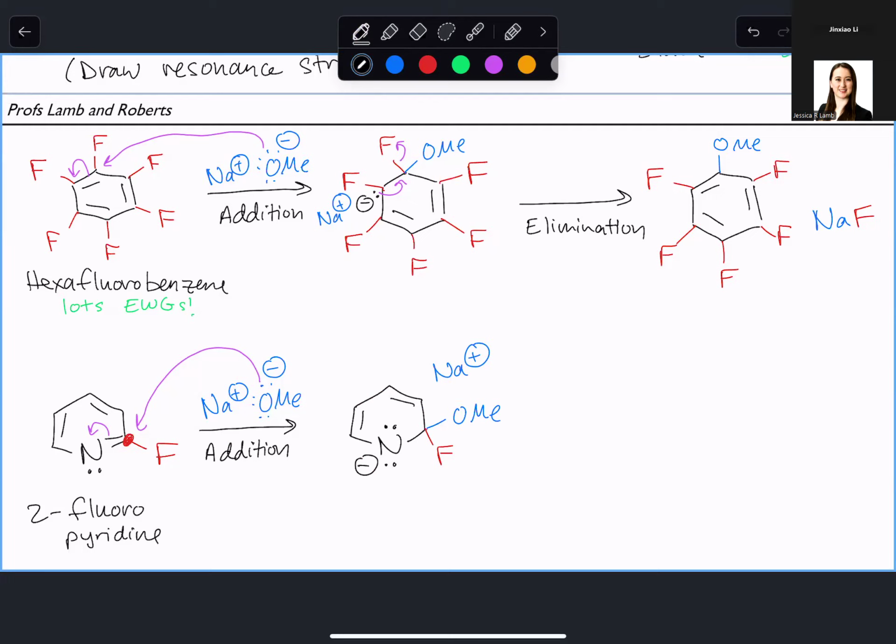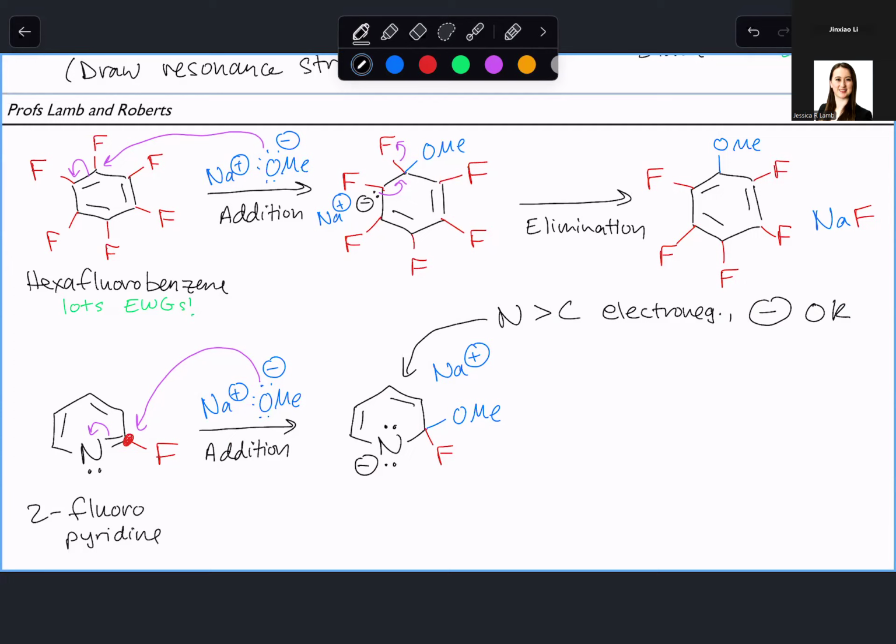That works because nitrogen is more electronegative than carbon. So that means that it's okay having the negative charge. In this case, because we're putting the negative charge on an electronegative atom, it is happier with that negative charge. Therefore, this intermediate is stabilized.